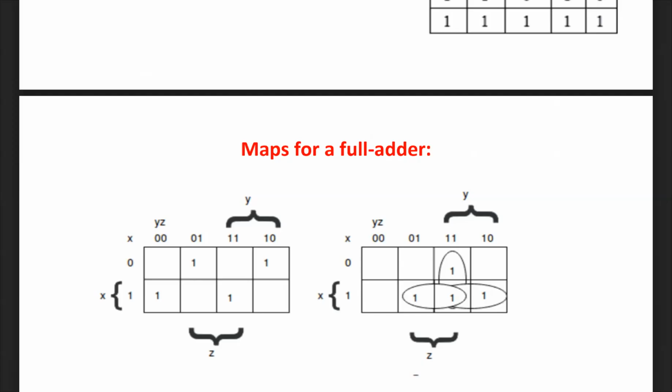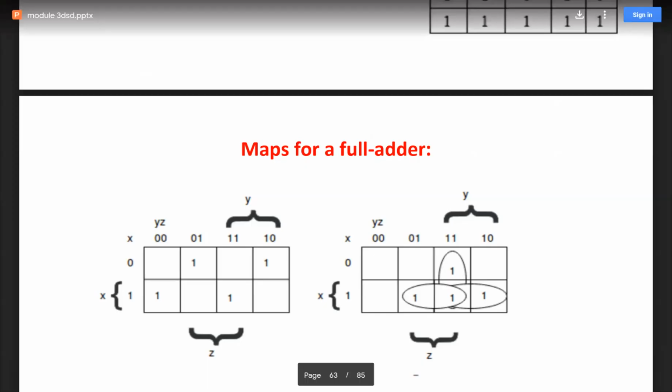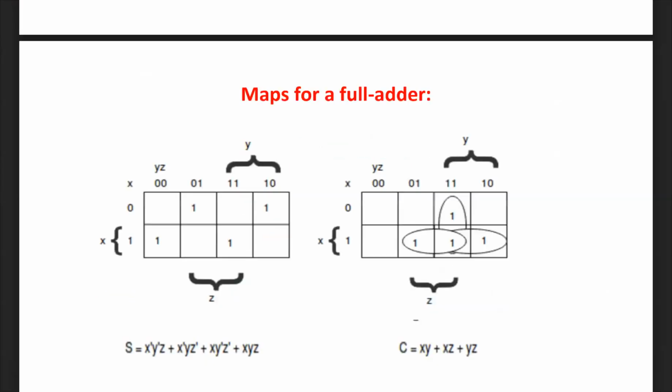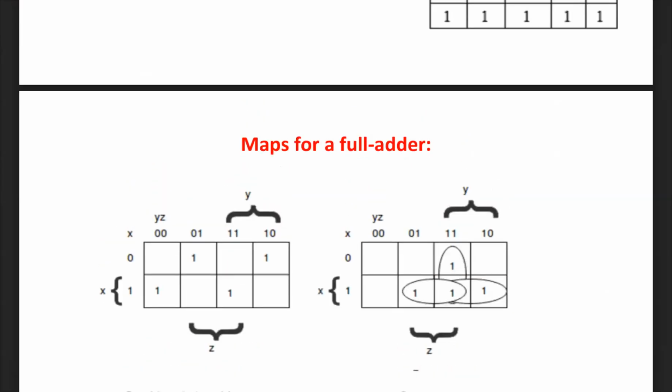That is also possible. Now, once you do that entry, you have to write the function. So there are 4 ones in both. The first one is for the sum. This is for the sum. This is for the carry.